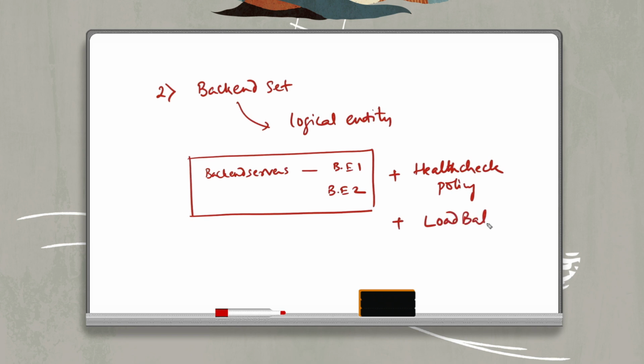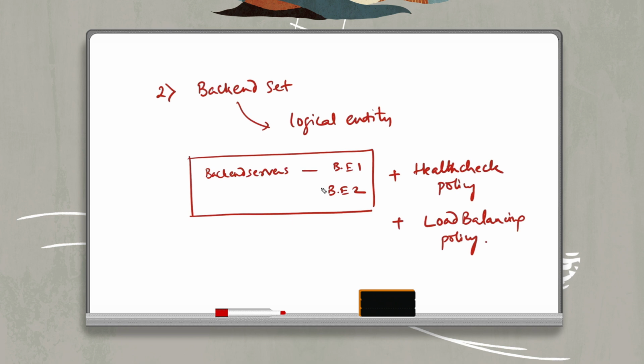We are going to look at both these terms. That means the backend set is defined by the list of backend servers plus the health check policy plus the load balancing policy. So this is your backend set.